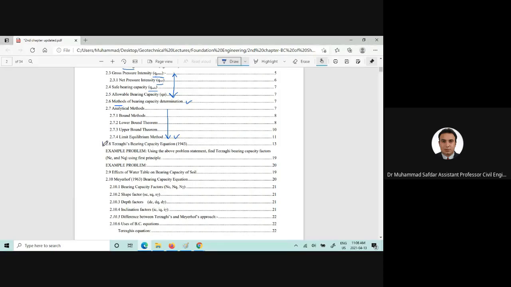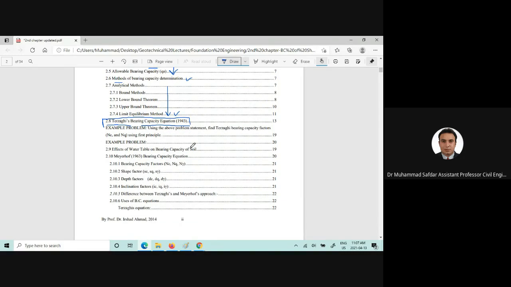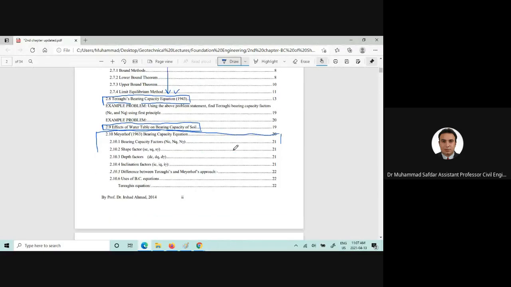At the end of the lecture we will go into detail about Terzaghi's bearing capacity equation, that is, how Terzaghi proposed a theory to find out the bearing capacity of shallow foundations. The effect of the water table will also be briefly discussed at the end of today's lecture. The rest of this chapter will be discussed in the coming lecture.